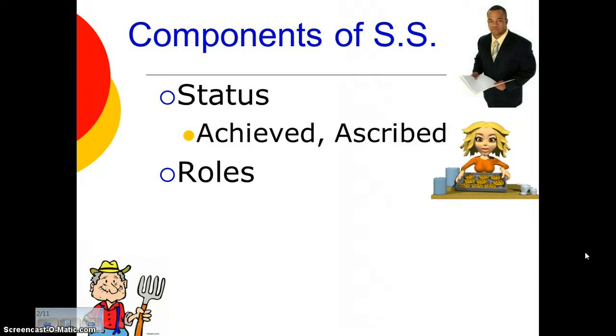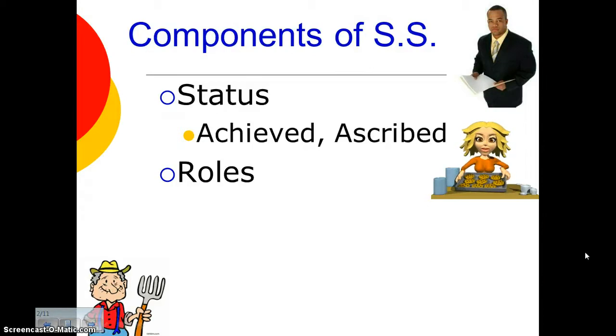If you took all the roles that you play on a day-to-day basis and added them all up, we'd talk about your role complex. That would be everything. So you might be a male, a son, a student, a husband, a father, a coach, a friend. Those are all roles that you may play, and that makes up your role complex.